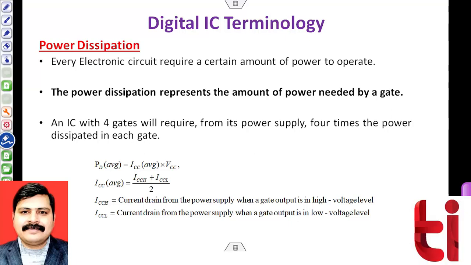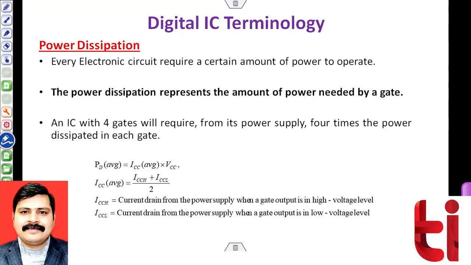So for the proper functioning of a logic gate, the amount of power required is known as the power dissipation. Usually, we have an IC that includes four logic gates. For example, IC 7400, which is the standard IC of NAND gate, usually has four dual input NAND gates.